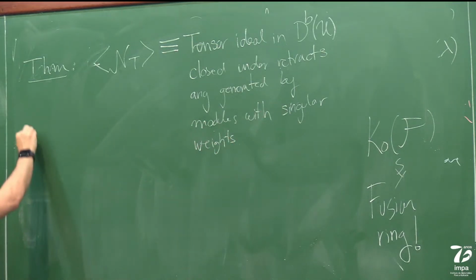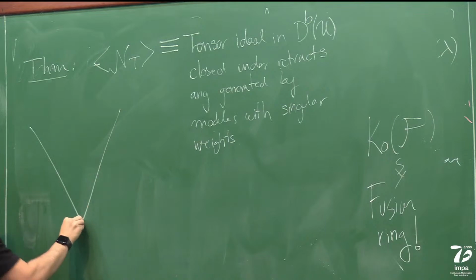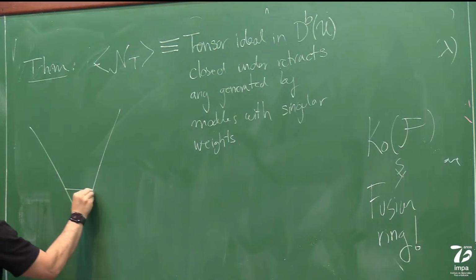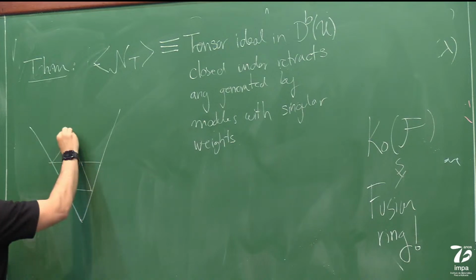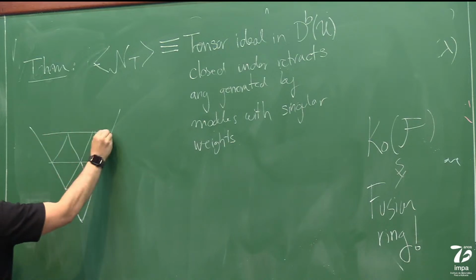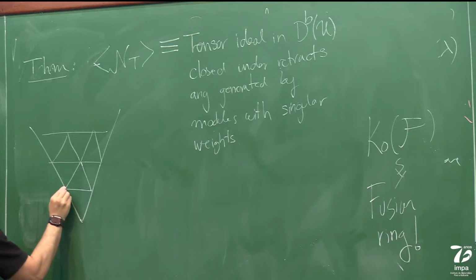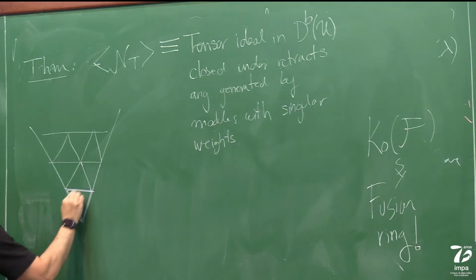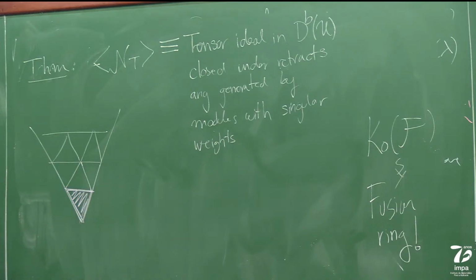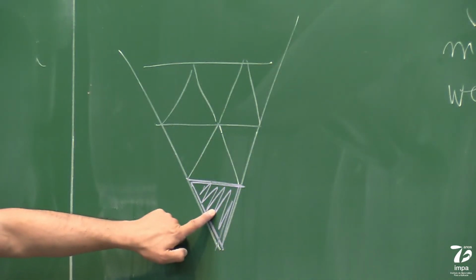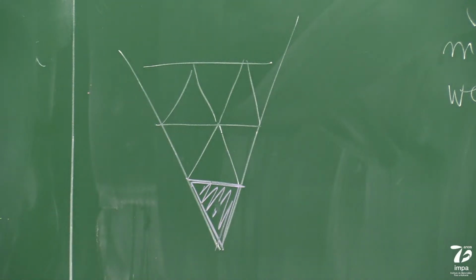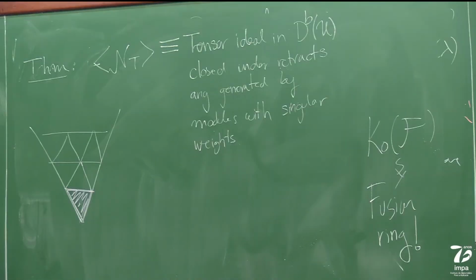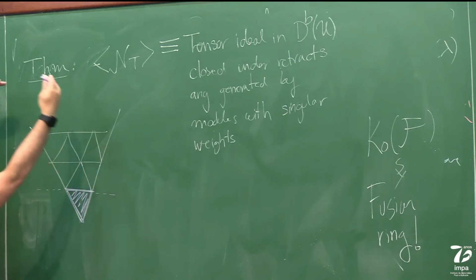What's the meaning of this? If I have, for example, in SL3, the dominant chamber given by the action of the Weyl group, with a decomposition of this dominant chamber like this, this part is the principal alcove. So all the modules that generate this derived category and the fusion category belong here. This ideal, which is everything that is not in the principal alcove, is above this line.